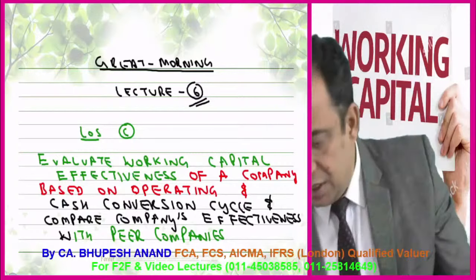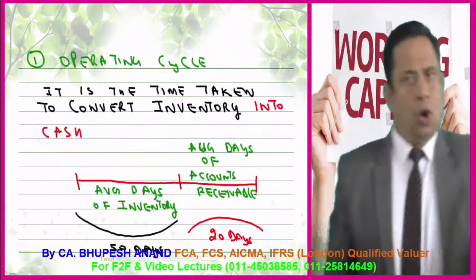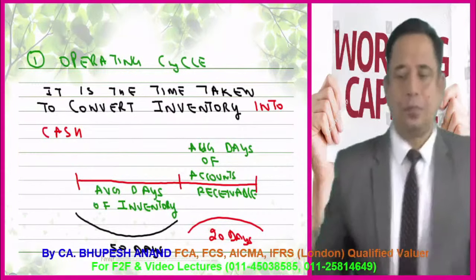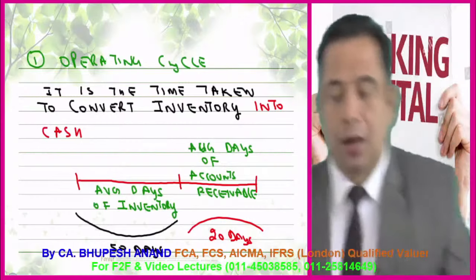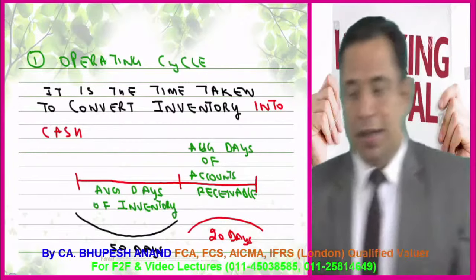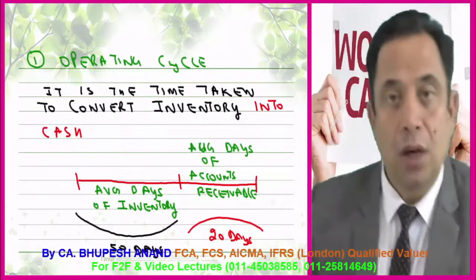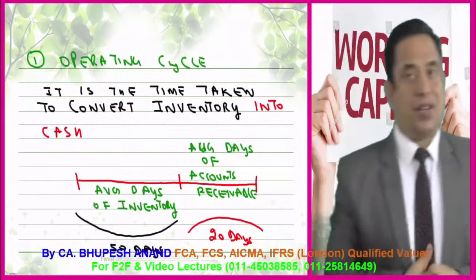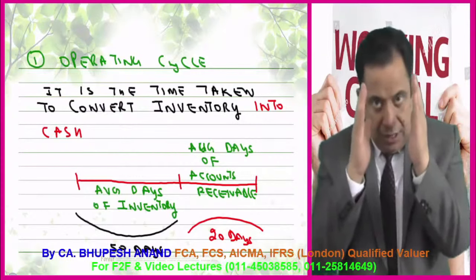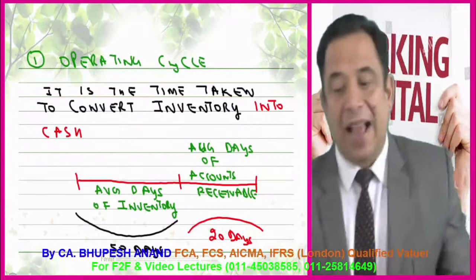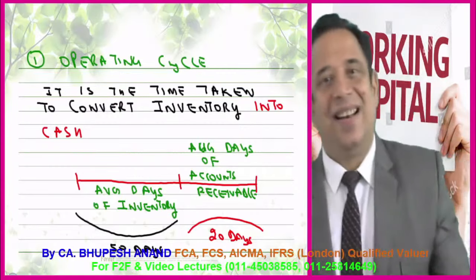Point number 1. I know that you know the operating cycle, but still write down the first point. It is the time taken to convert inventory into cash. That is named as the operating cycle.